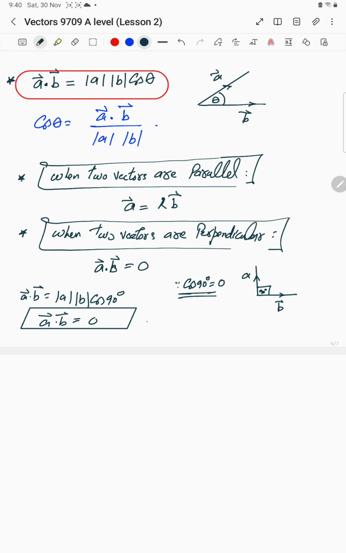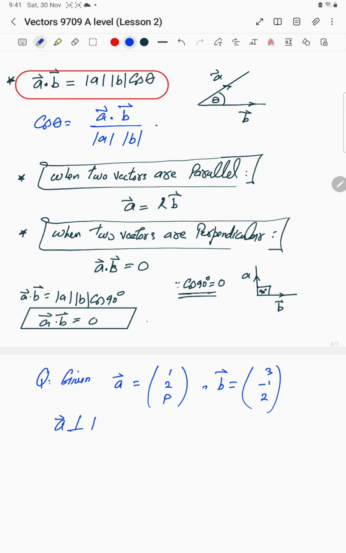Say we have an example like the past example. Given two vectors, a having coordinate points 1, 2, p, and vector b having 3, minus 1, 2, and vector a is perpendicular to vector b.